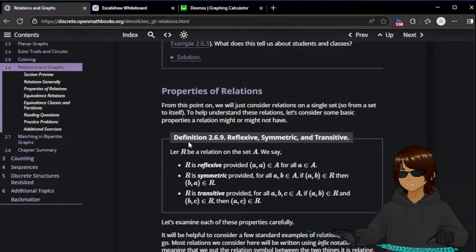Let R be a relation on a set A. We say R is reflexive provided (a, a) is in the set. R is symmetric provided for all a, b, if (a, b) is in the set then (b, a) is also. R is transitive if for all a, b, c, if (a, b) and (b, c) are in there, then (a, c) is in there.